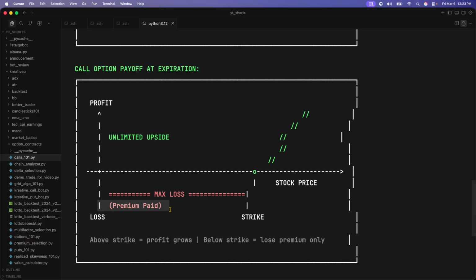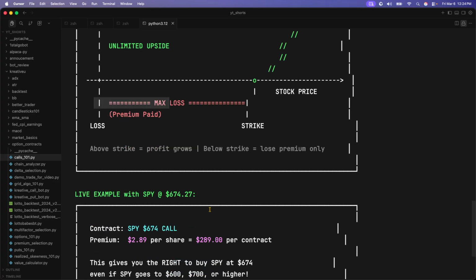So instead of losing the entire $300 in this example, maybe we'll set our max loss to 280, or 275. So a 25% stop loss or max loss, right? Whenever the stock price goes up, we're going to be profiting. Whenever it goes down, that's when we need to watch our max loss limits, right?